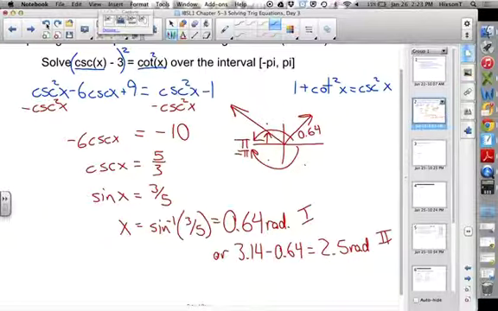So I use that same 0.64 reference angle in my second quadrant, and instead of going all the way to pi, I'm that far short of pi, so 3.14 minus 0.64 is approximately 2.5 radians. Okay, so those would be our two solutions there. And we actually don't need to worry about extraneous roots because our squared terms ended up canceling out. So that was kind of nice.